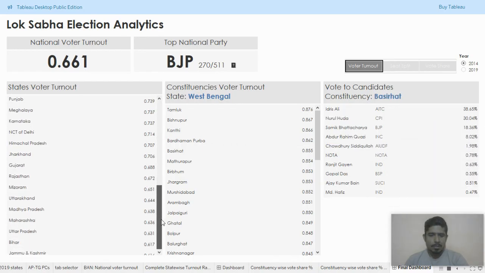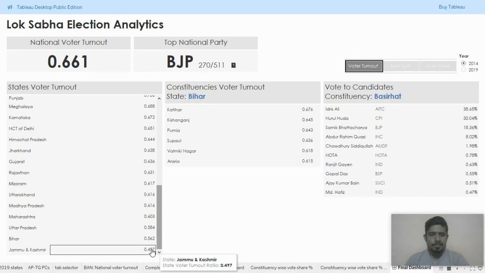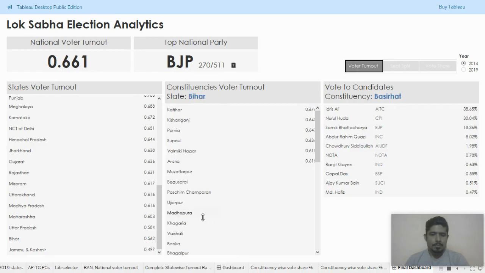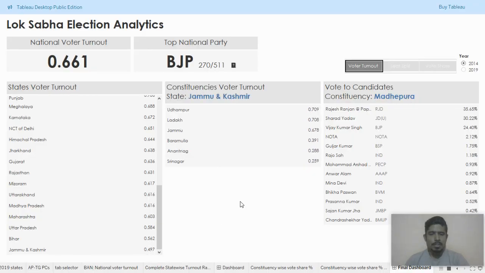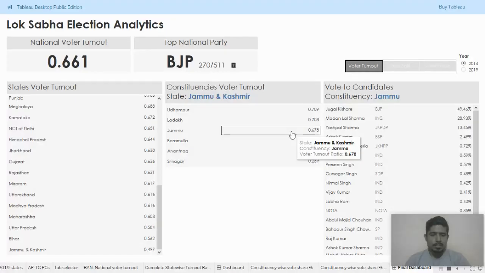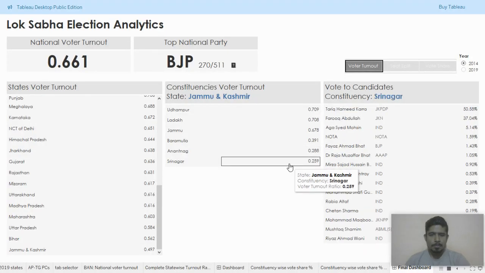Let us take the example of Jammu and Kashmir, that has the least voter turnout ratio among all the states in India. Jammu and Kashmir had total six constituencies, and the top three constituencies that are Udhampur, Ladakh, and Jammu had a significantly higher voter turnout ratio than Baramulla, Anantnag, and Srinagar.